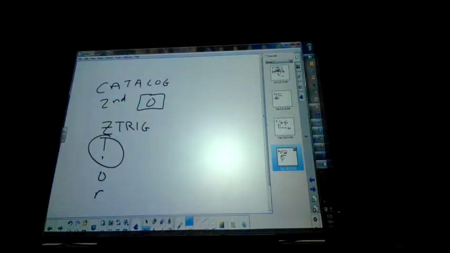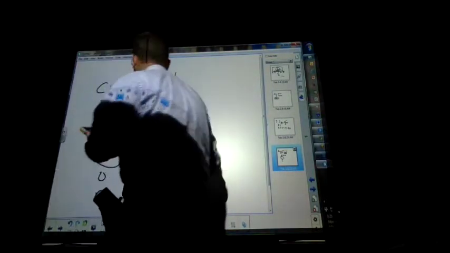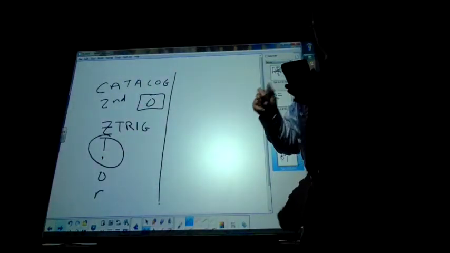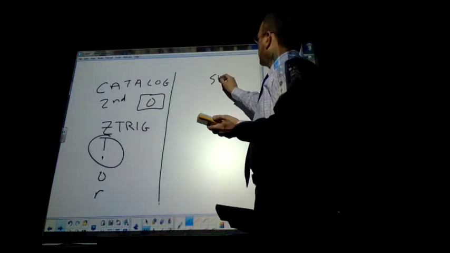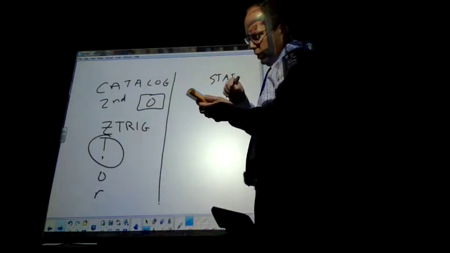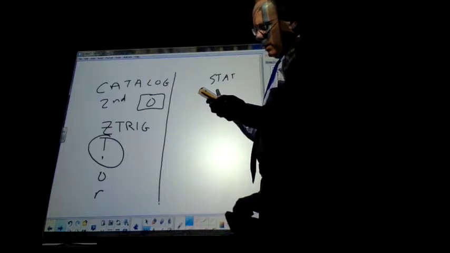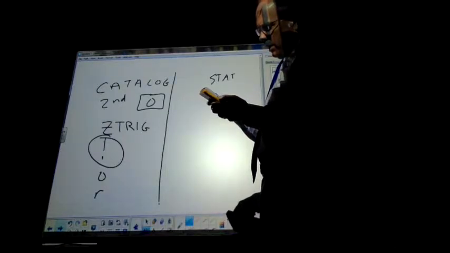The other place you could find factorial on your calculator, just in case you forgot this way, is under stat, which is right under the delete key. It's under stat, or is it under bars?